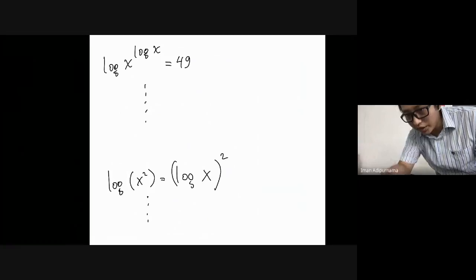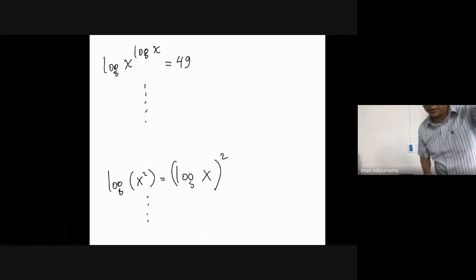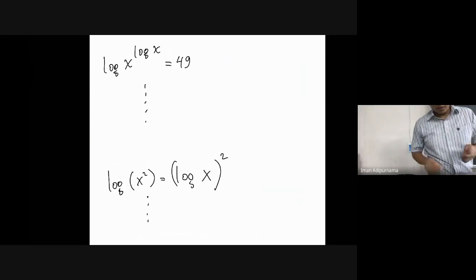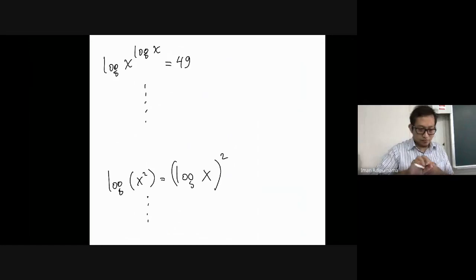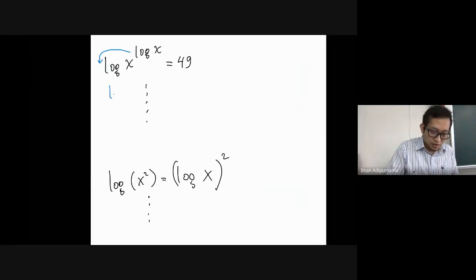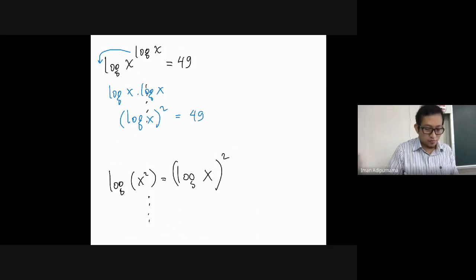There's another answer. There's two answers, right? We are just making this log go to the front, okay? And we can make this log x and log x, right? And we can just make log x then squared is 49.